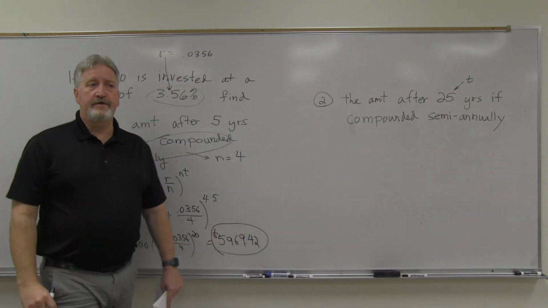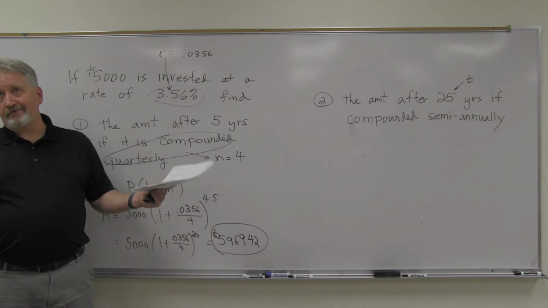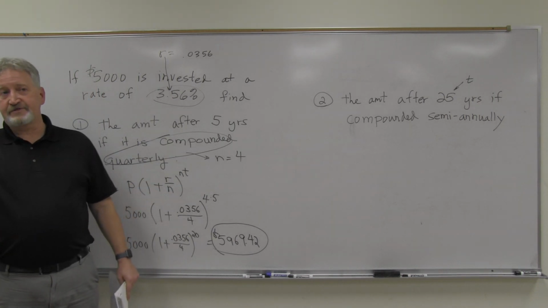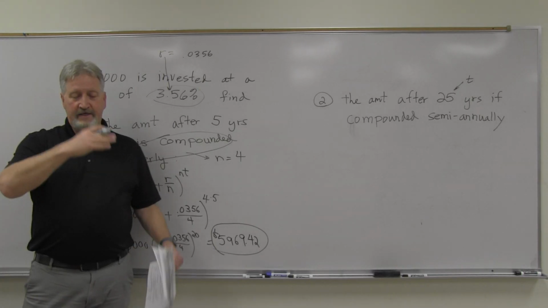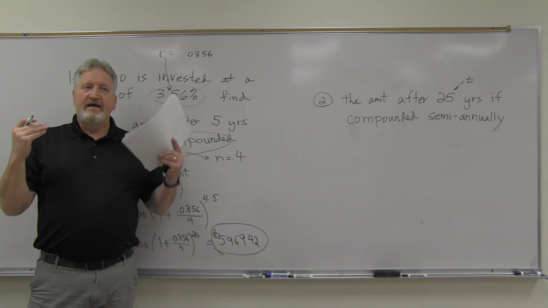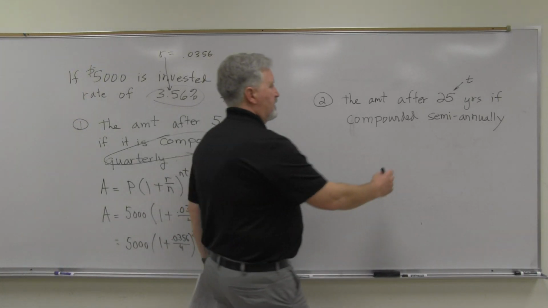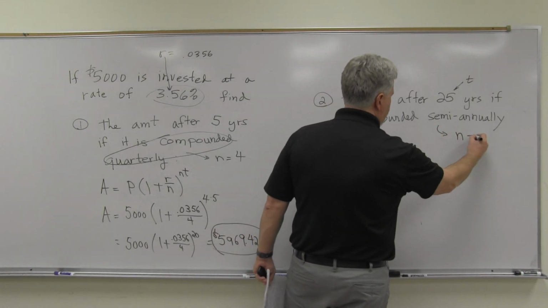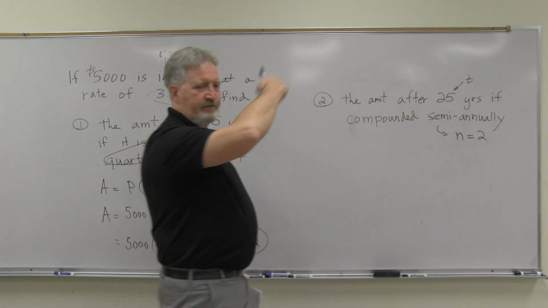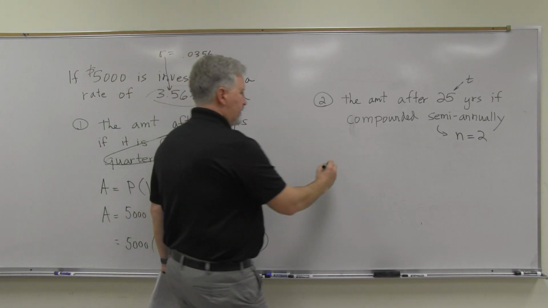Semi-annually, okay. Sometimes they also give you annually. Annually, of course, is just one time per year, but semi-annually divides it into 2. So if it's compounded semi-annually, that would be 2 times per year, so in our formula N is going to be 2. So here we go.